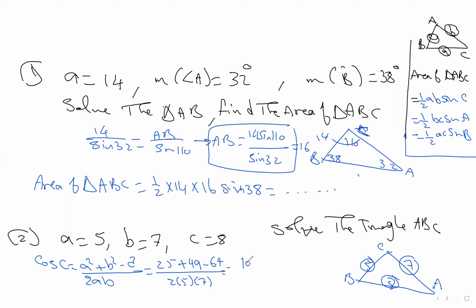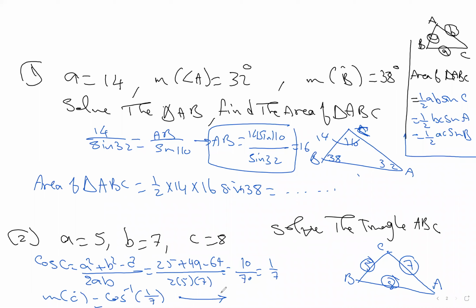It will be 10 over 70, and equals 1 over 7. Then the measure of angle C equals cosine power of -1 of 1 over 7.